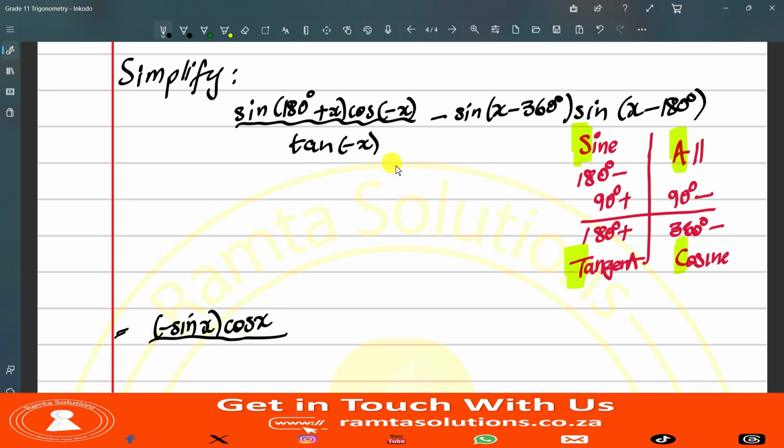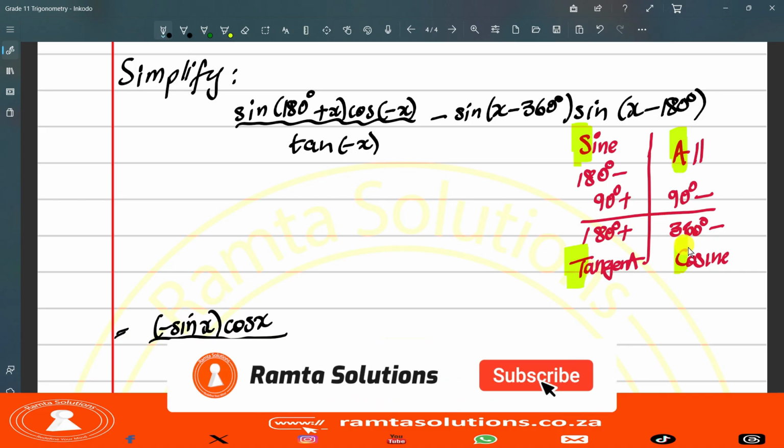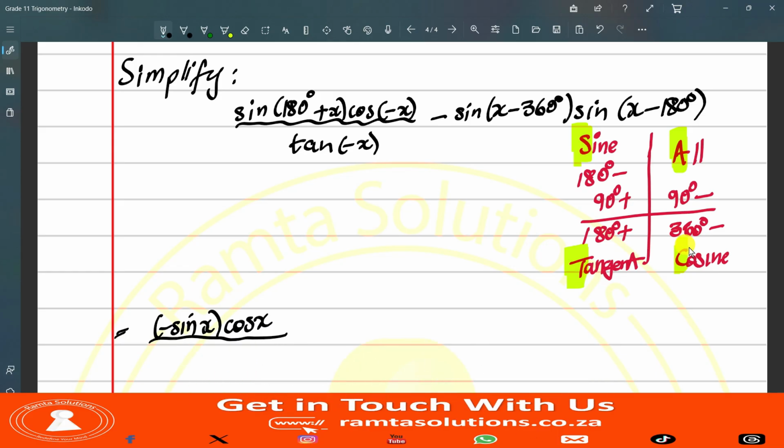Over, once again this x refers to an acute angle, so it will be in the fourth quadrant. In the fourth quadrant, is tangent positive or negative? It is negative, so this becomes negative tan x.